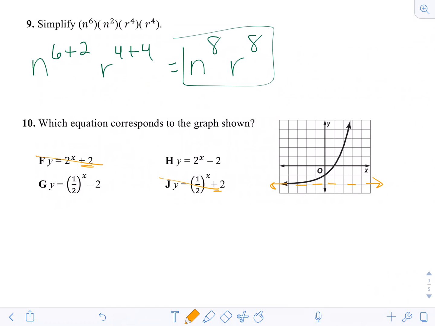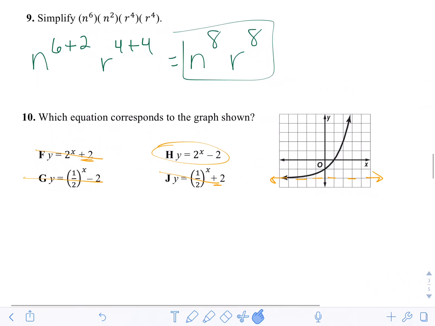Or you can type in y equals 1/2 caret x to the x power, and when you do that and hit graph, you notice that is decay. So the correct answer for this one is going to be H. So again, all you're doing is plugging these into y equals and then looking at your graph on your calculator. That's it. Okay. Here we go.